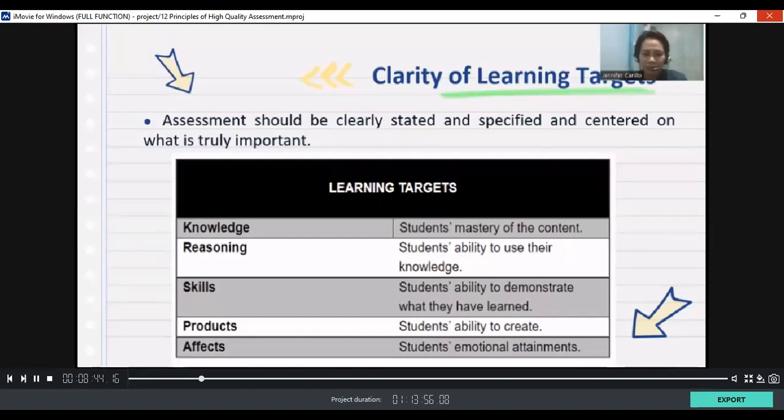So skills is the student's ability to demonstrate what they have learned. This means you will apply your knowledge and your reasoning, you will demonstrate it, you will apply it. So that's what we meant by skills or performance. Another one is product.